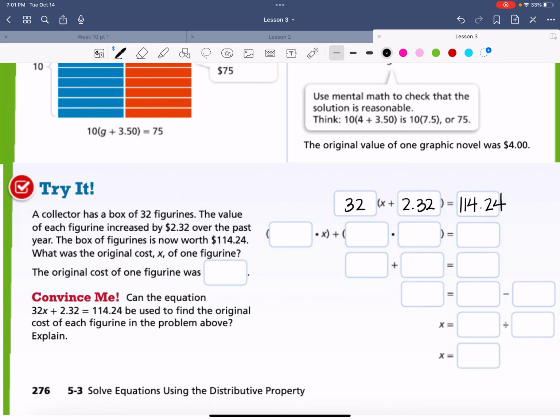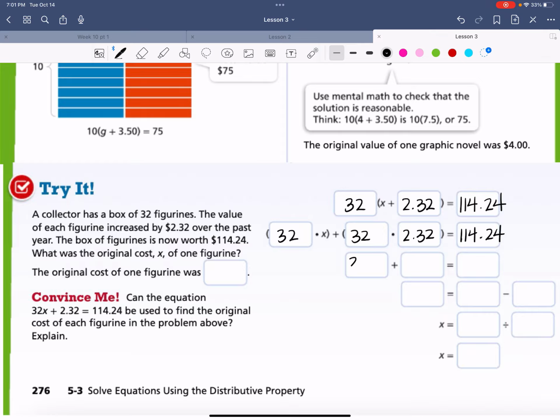So we need to distribute that 32 out front, so 32 will get multiplied by X. 32 will also be multiplied by $2.32. And then that will still leave us with a total of $114.24. Remember, we only distribute to what's inside the parentheses.